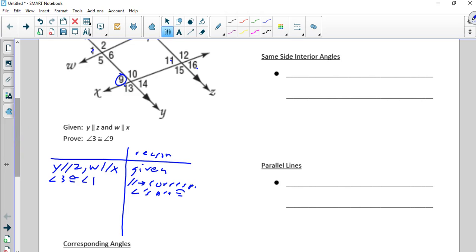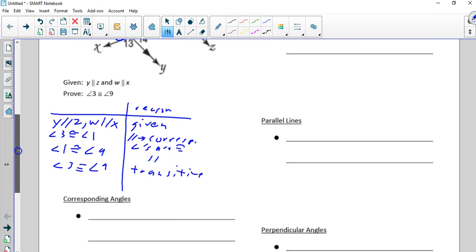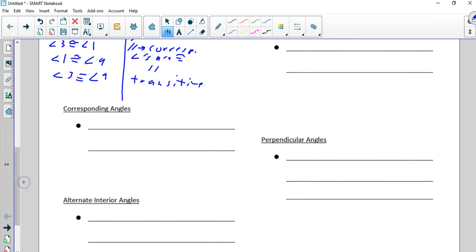And then I'm going to say angle 1 to 9, and you're doing the same thing. And then we can say angle 3 is congruent to angle 9, and we use the transitive property. Just a quick review.